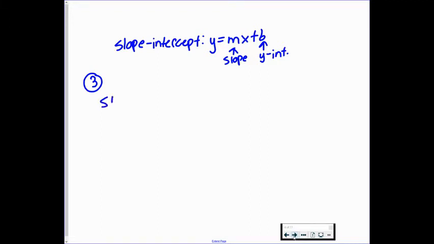Question 3 states that the slope is 3, and it passes through the point (1, 6), with this being x and that being y, and slope is m. So to write this equation, I'm just going to plug in the slope, x, and y. Because I'm missing b, I'm going to go plug in what I do know to go find b.